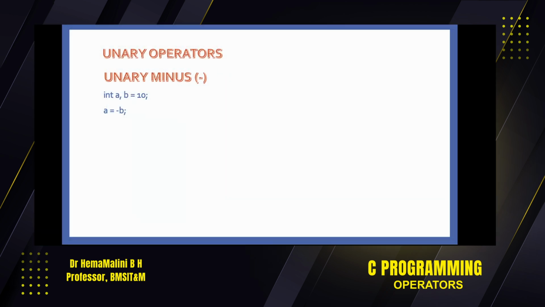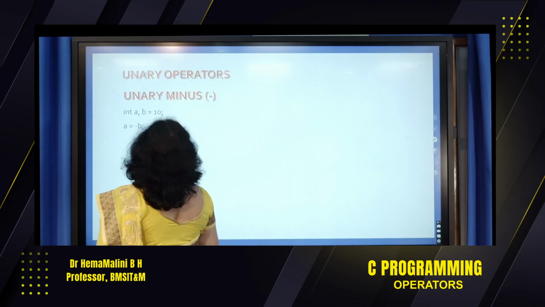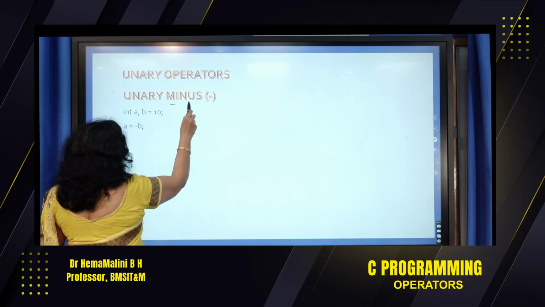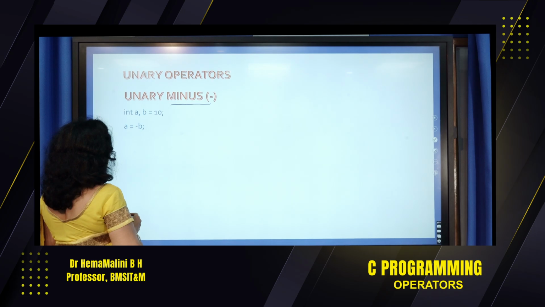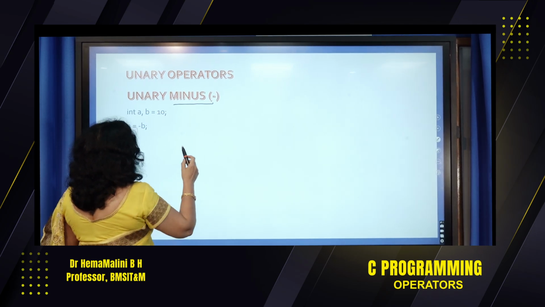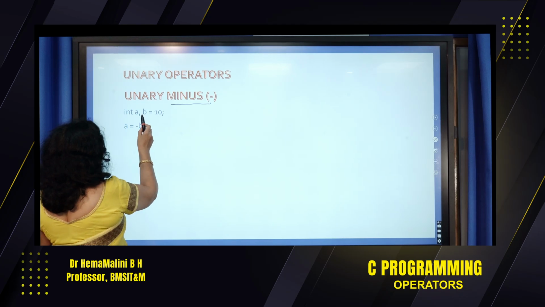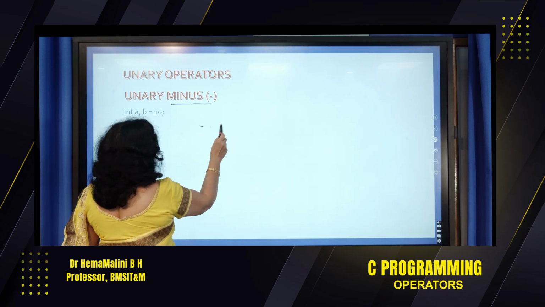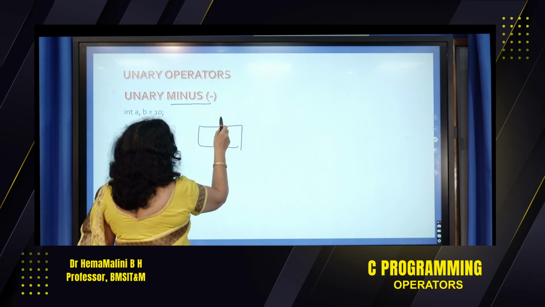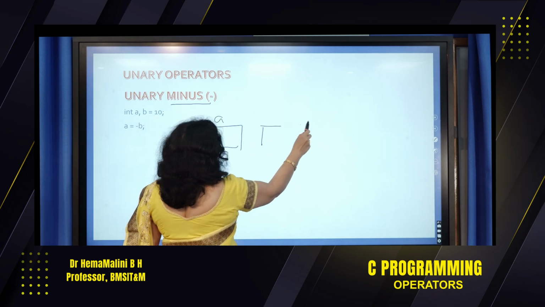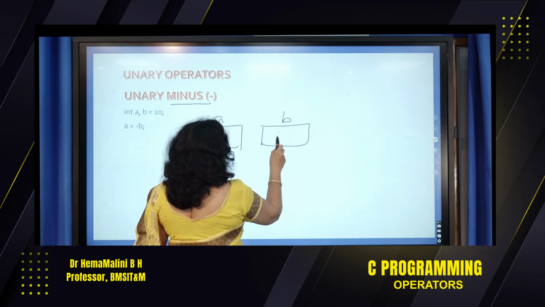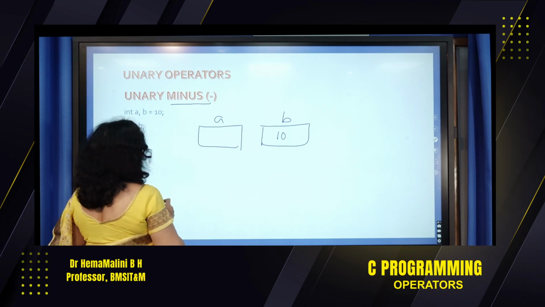So now let's see unary operators. Under that, let us discuss unary minus. Say there is one integer variable a and b is also an integer, it is holding the value 10.